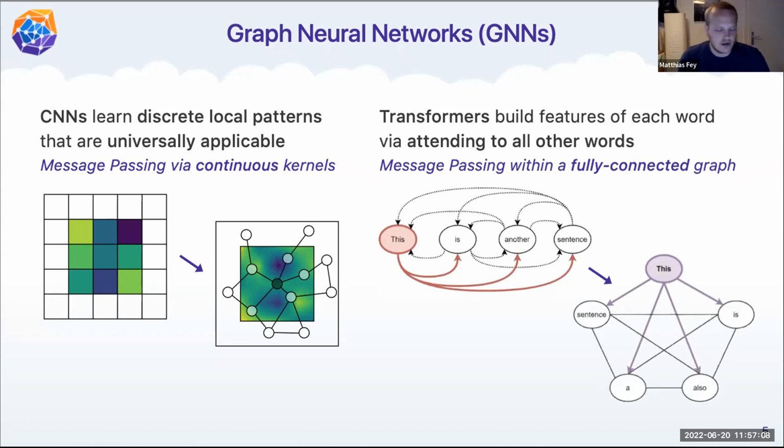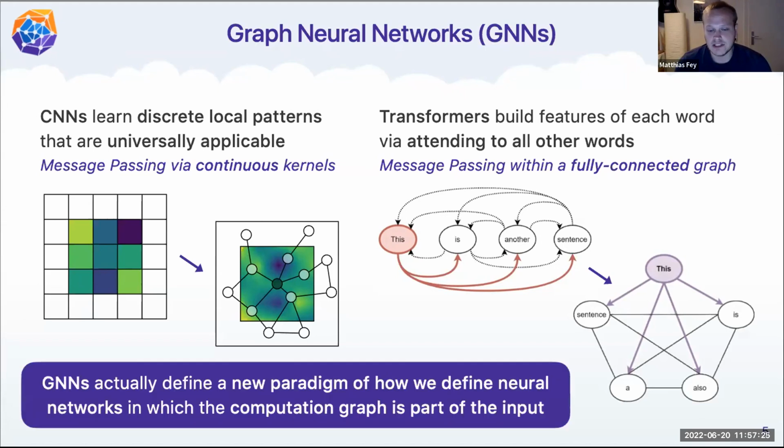And that is similar to the concept of message passing that uses attention, but within a fully connected graph. And so GNNs both generalize CNNs and transformers, and actually many, many more architectures. What in my mind is the important takeaway here is that GNNs actually define a new paradigm of how we define neural networks.